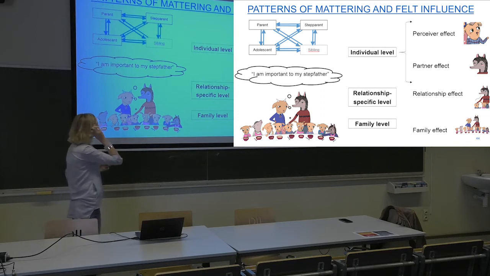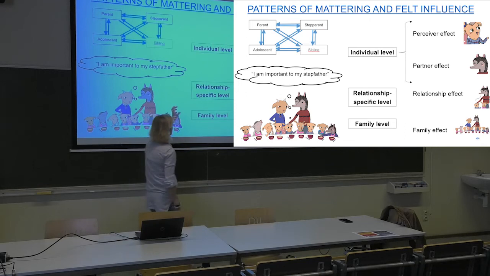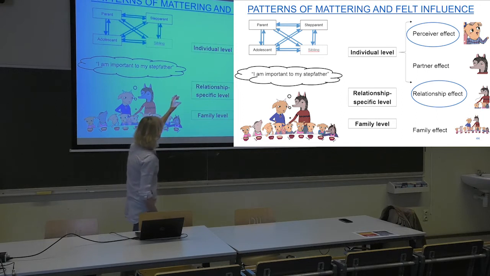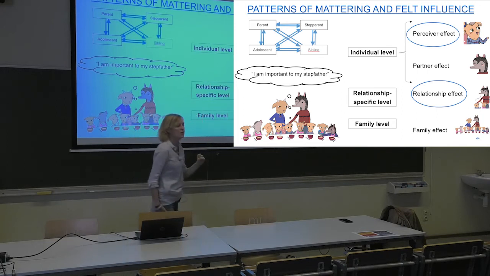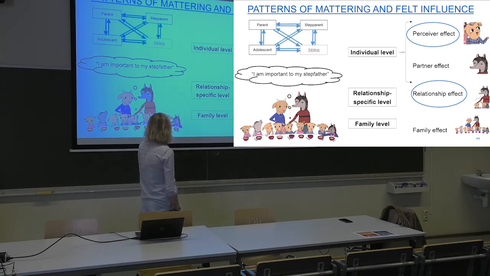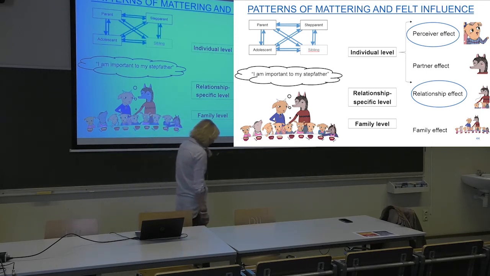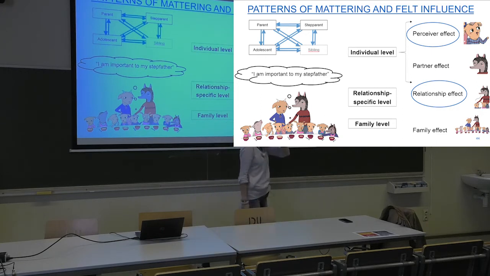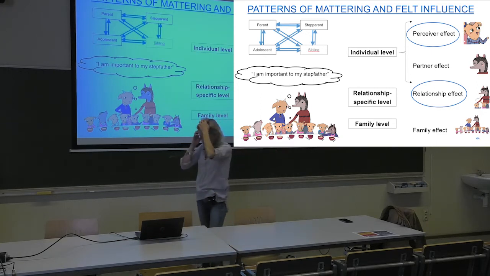Yeah, that's a perceiver effect, so it's really on the individual level. And then the relationship-specific effect. Yeah, that's this slide. The perceiver effect and the relationship effect are really something important. I remember when I did my PhD on empathic accuracy, but it's a long time ago, of course.